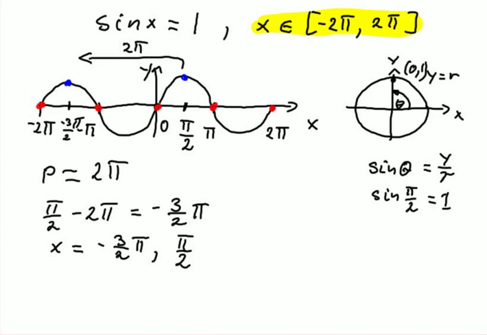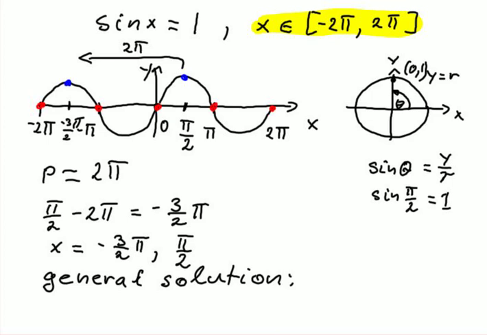Just remember, they may ask you to find the general solution to that equation. So now we're going to define the general solution. So keep in mind, this wave is completed in 2 pi radians.